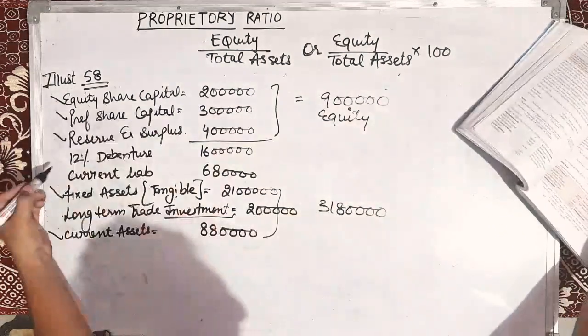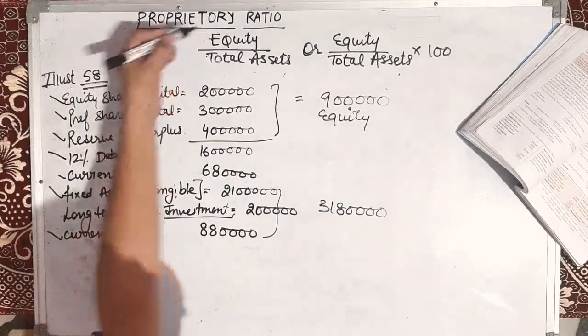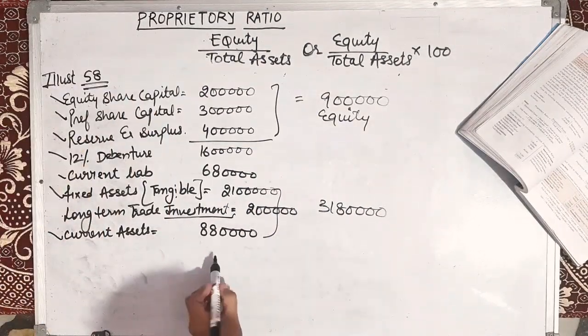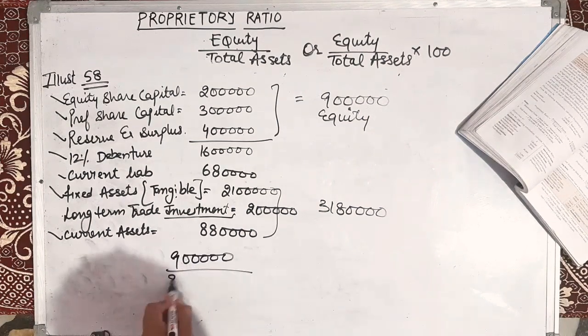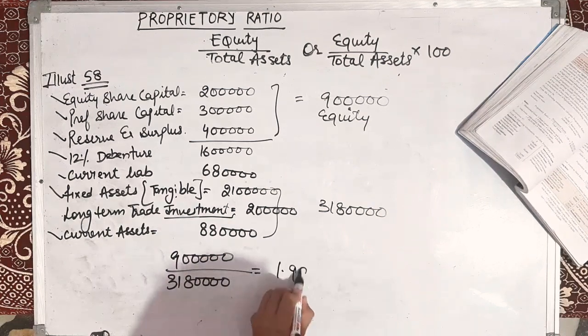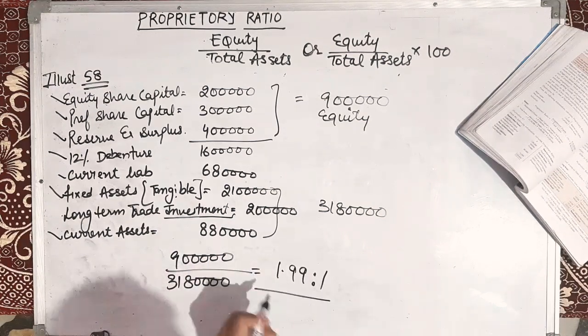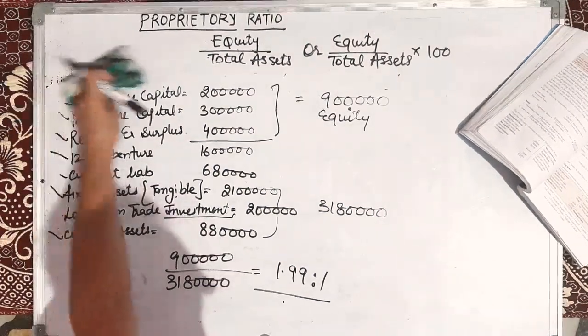We have ignored debenture and current liabilities because they are not part of equity or total assets. So the answer is 9 lakh divided by 31,80,000, which is equal to 1.99:1. Now we will try some questions from the exercise.